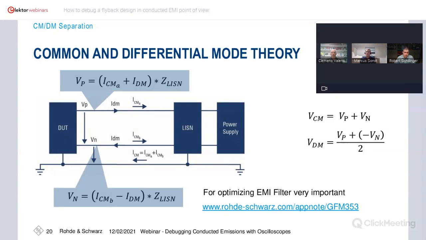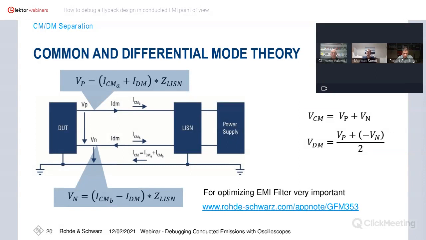we have derived some equations, or others did it already. I don't want to go into the detail. Robert also described it a bit. The only message I would give you here is we are using some math here on the right. Vp and Vn is a voltage measurement on the positive conductor and on the negative conductor against the reference ground. And by applying some math, we can derive the common mode noise and the differential mode noise.